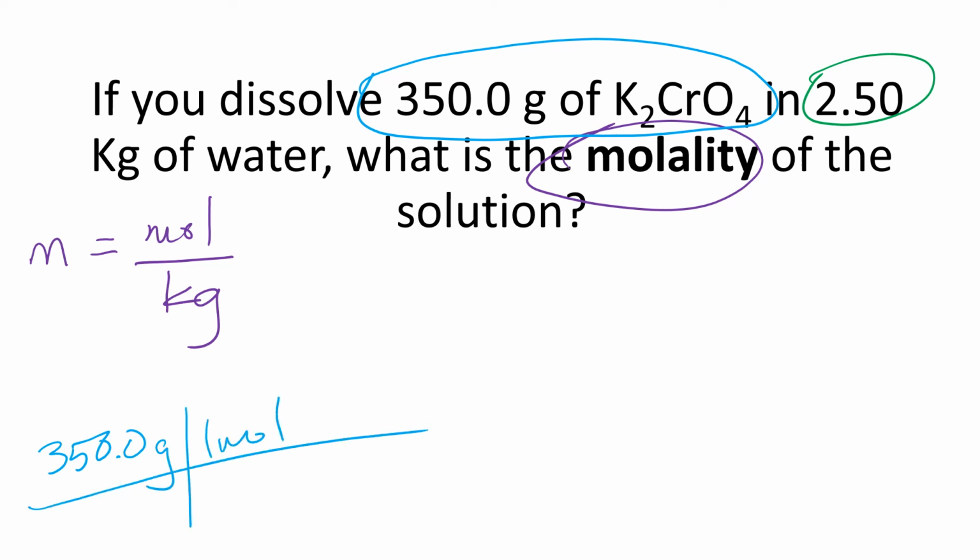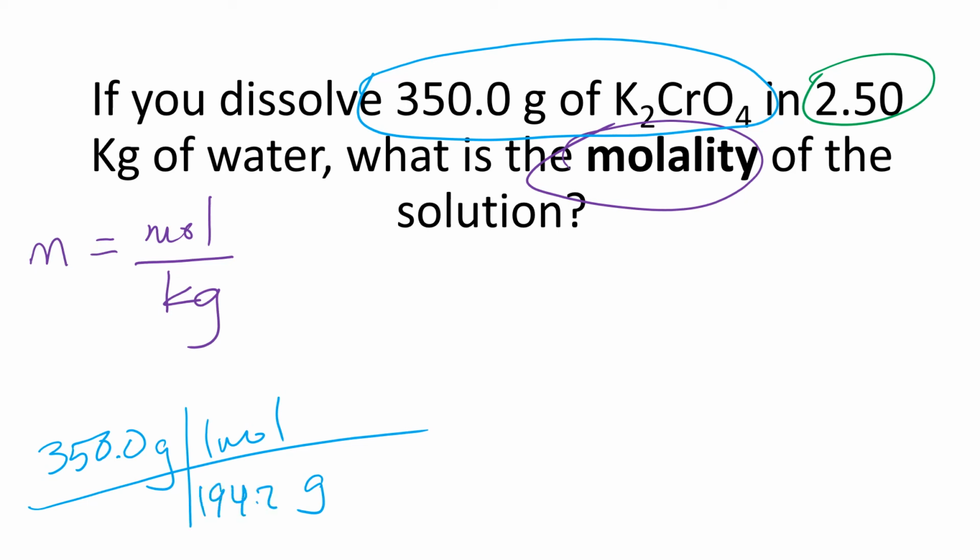So I got to get the molar mass of potassium chromate. And that is going to be 39.1 times 2 plus 52 plus 4 times 16. That's 194.2.